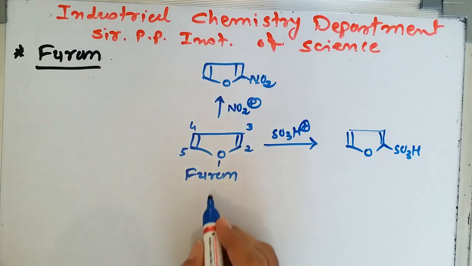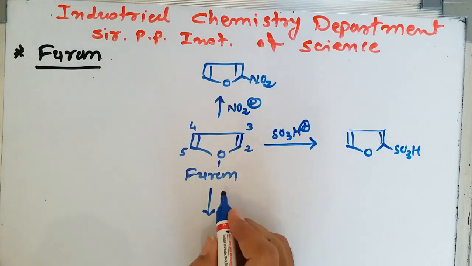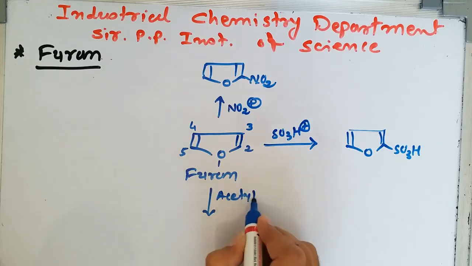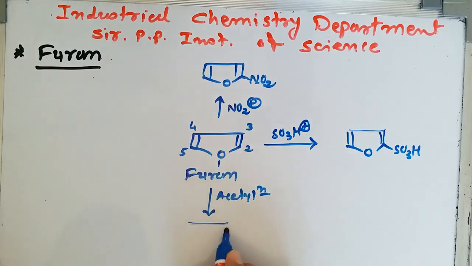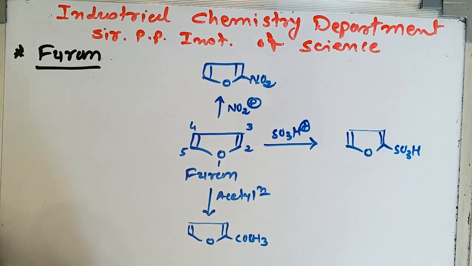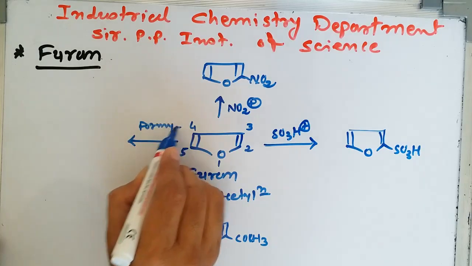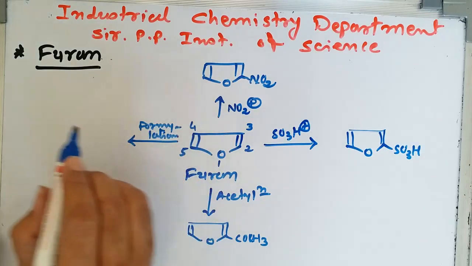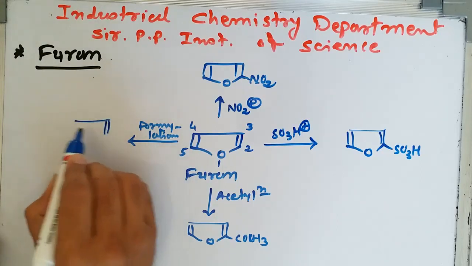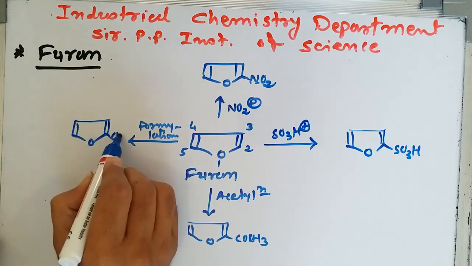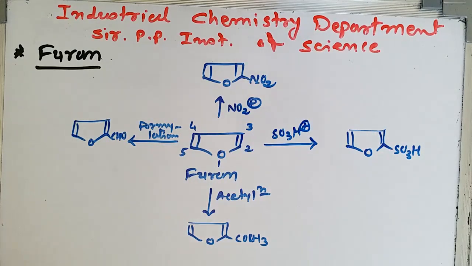If acetylation takes place, then 2-acetylfuran, COCH3, is obtained. If formylation takes place, then an aldehyde group enters at position 2.